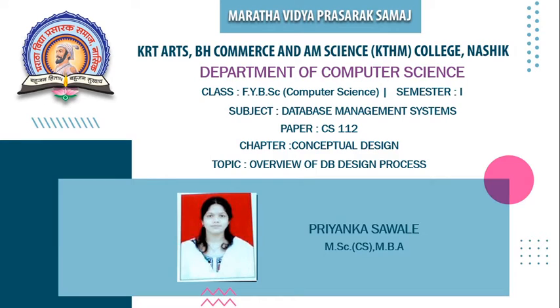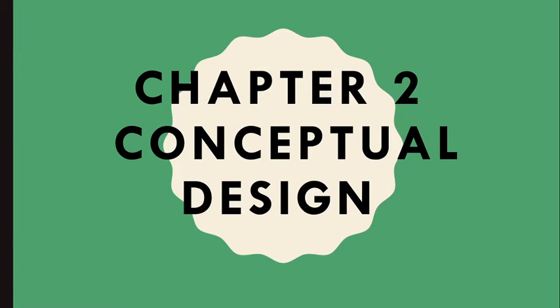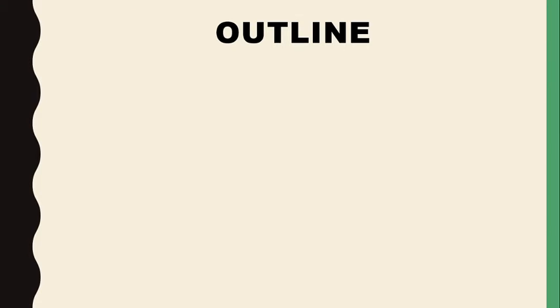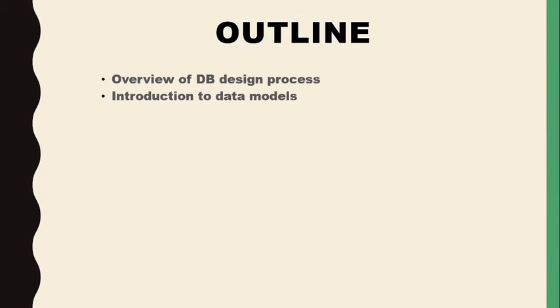In the second chapter, conceptual design, we will discuss how the database designing process is performed and how database management systems are developed. The outline of the second chapter: first, an overview of the database design process. Second, an introduction to the data model.